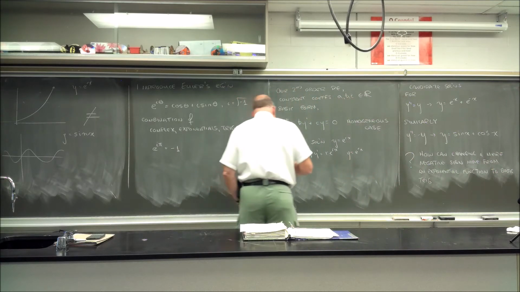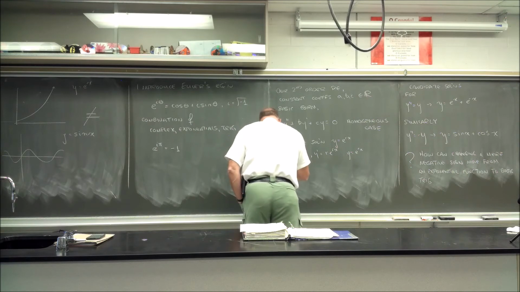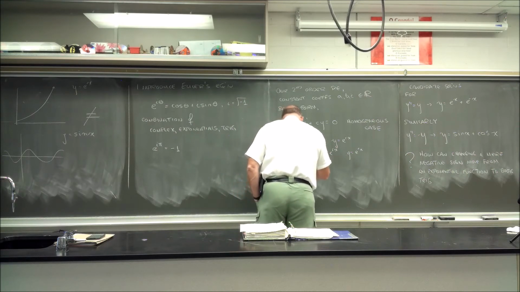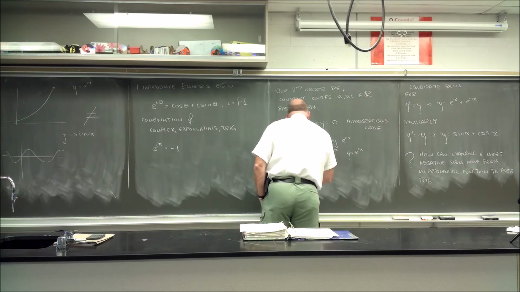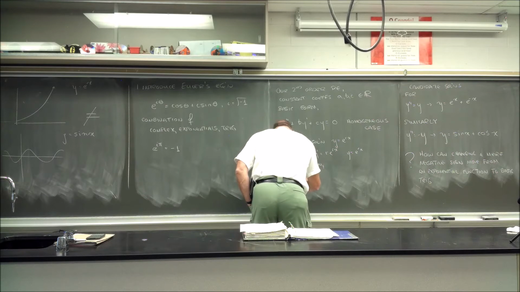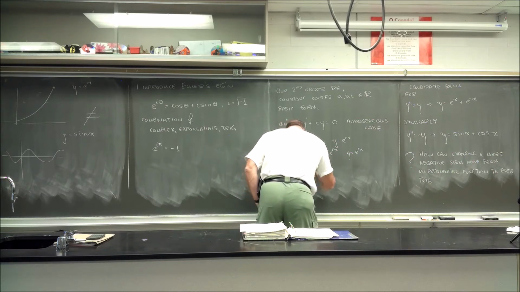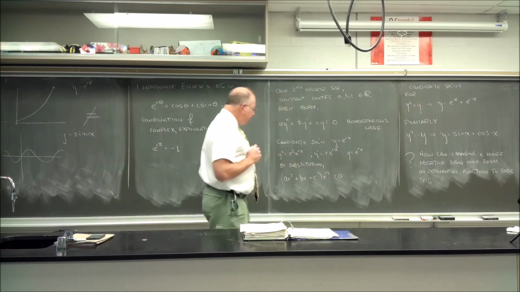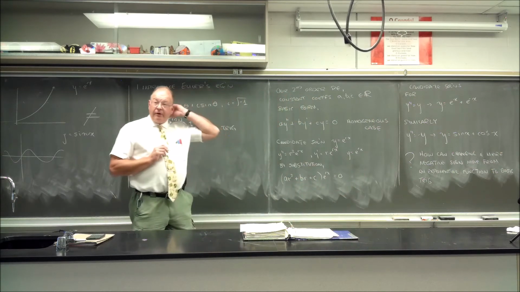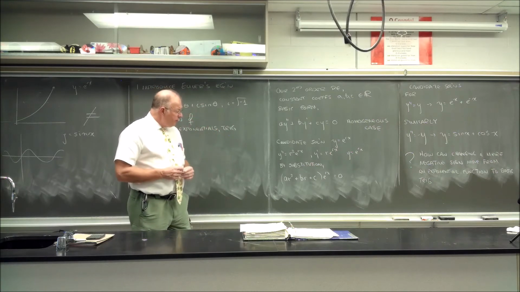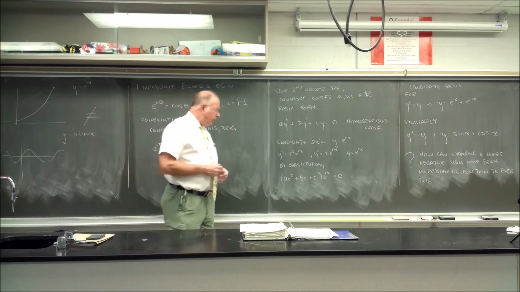And so by substitution you would have a r squared plus b r plus c, quantity, times e to the rx, is equal to 0. Now we know that e to the rx cannot be 0 without it being negative infinity, which would be trite.